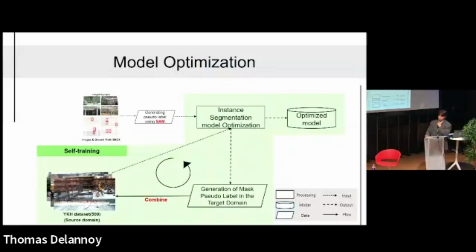However, to prevent the catastrophic forgetting problem, some source domain data is added. The optimized model performs a self-training technique with the generated mask label data to improve instance segmentation model performance.